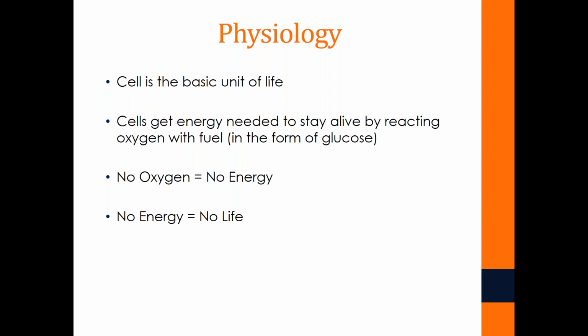ATP is the energy that the cell is creating. With no oxygen, we create next to no energy, and no energy sooner rather than later means no life. Either that cell or that whole organism is eventually going to cease to exist just based on inadequate tissue perfusion, or shock.